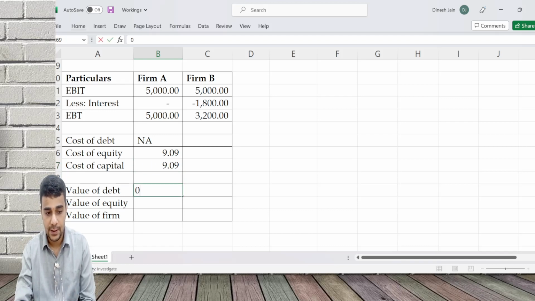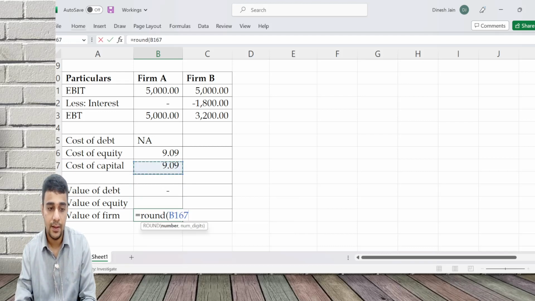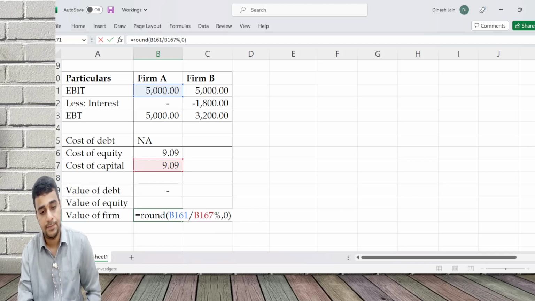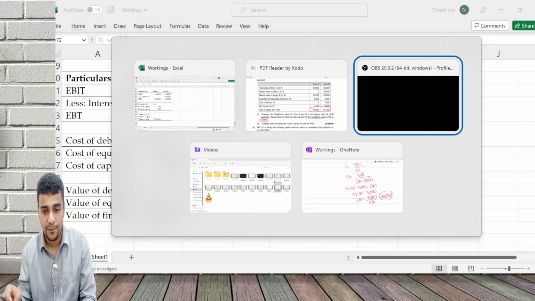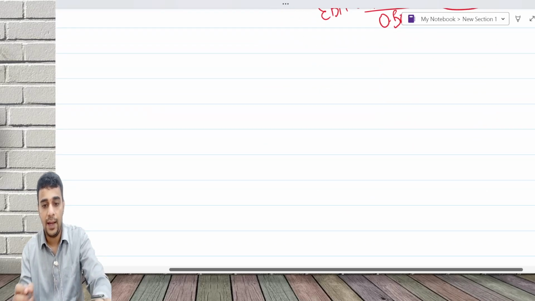Value of debt is 0. Value of firm: that formula which I said you will keep interchanging. EBIT divided by cost of capital. We had multiple formula. If you remember, these were the formula I had told you.